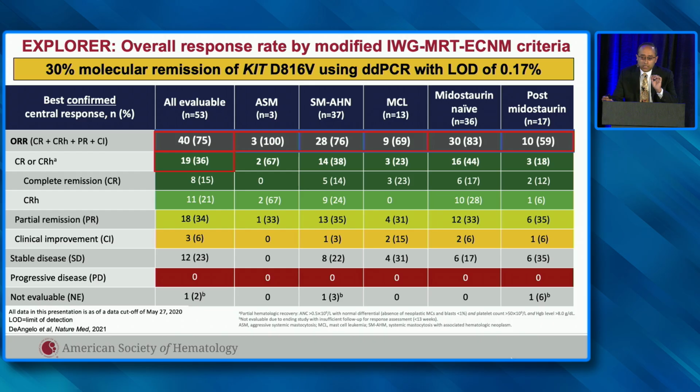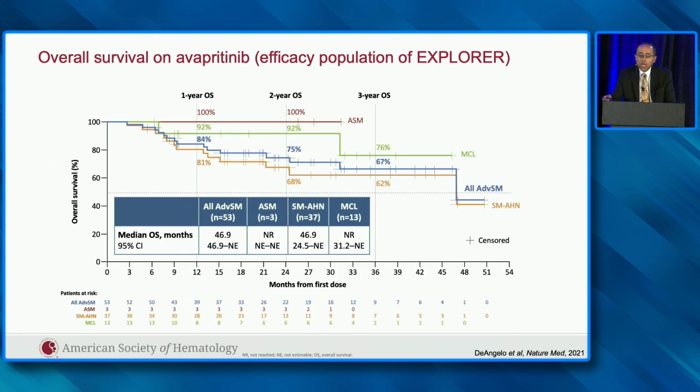So with a level of detection of 0.17%, 30% of patients had a molecular remission of the KIT D816V. Survival, 46.9 months median, so a lot better than historically expected for these cohorts, and not reached for the aggressive SM and the mast cell leukemia, but 46.9 in the SM-AHN, which is by far the majority of the cases of advanced SM.